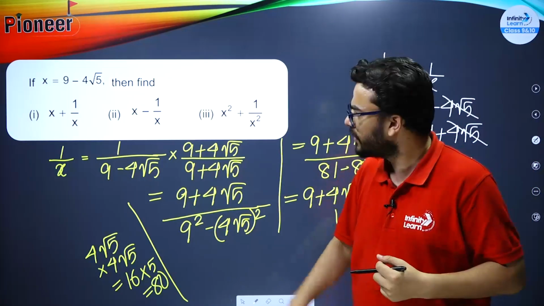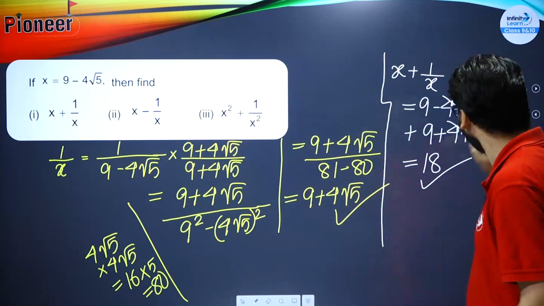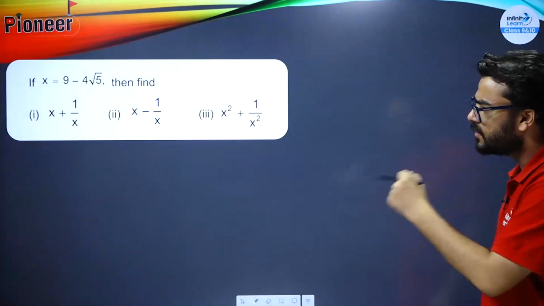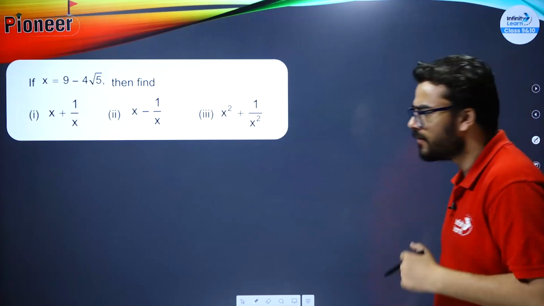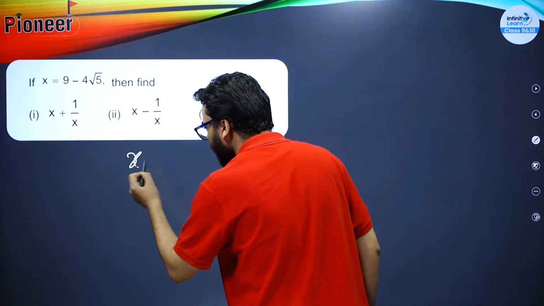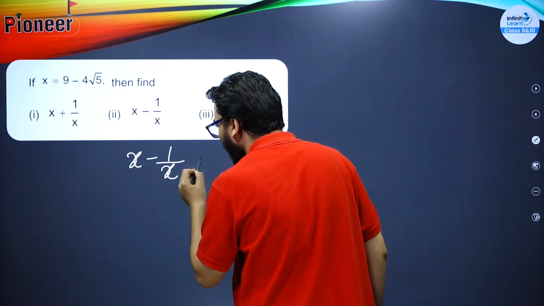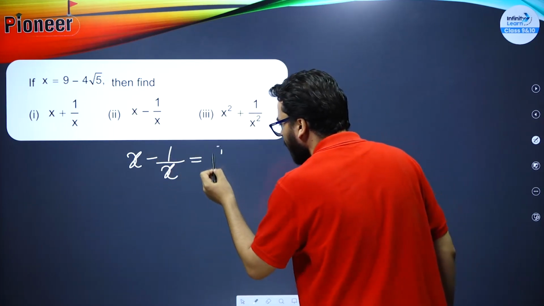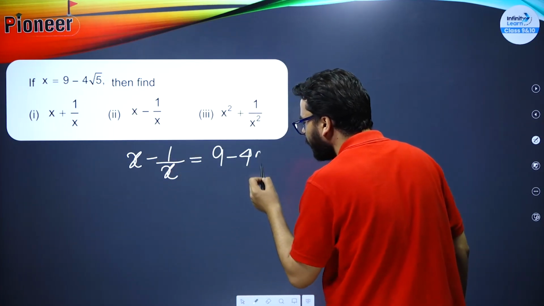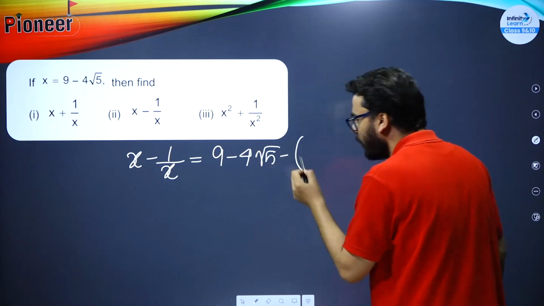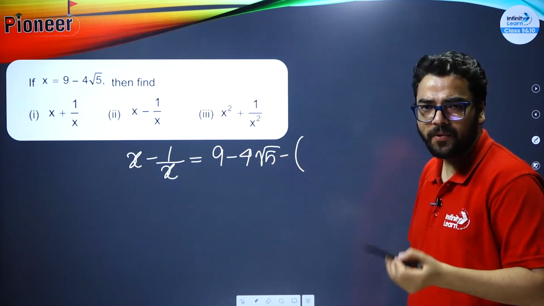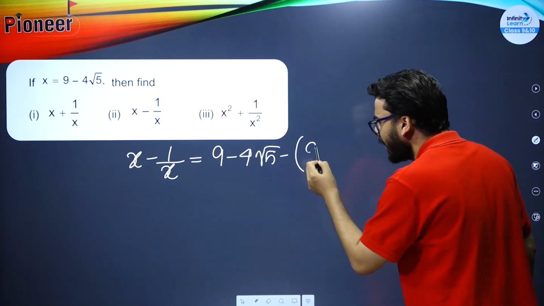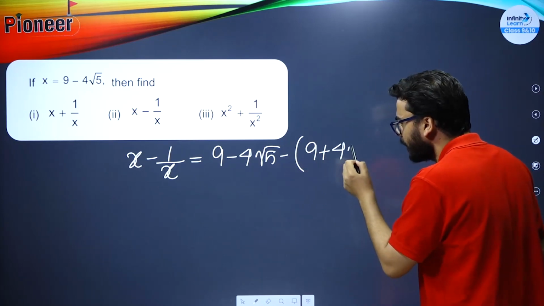Now we want to find the value of x minus 1 by x. So that is again very easy because we know the value of x and 1 by x. So x minus 1 by x will be what, guys? X is already given, that is 9 minus 4 root 5, minus 1 by x we already have got in the previous slide, and that was 9 plus 4 root 5.